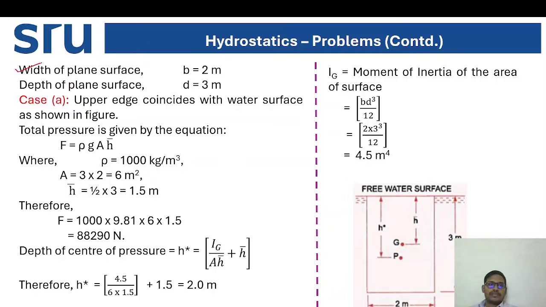Width of the plane surface b equals 2 meters and the depth of the plane surface d equals 3 meters.